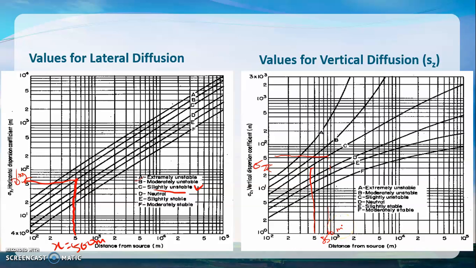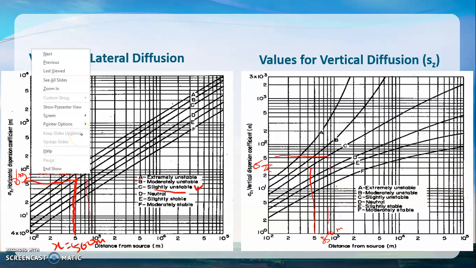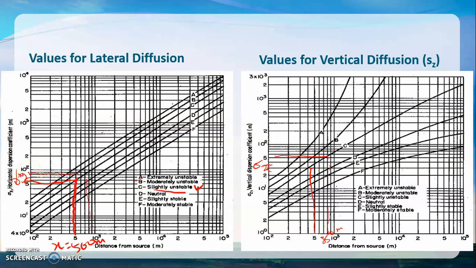So you get that x value 850, and then you try to find your sigma y in this graph. So 850 again, you go to line C. Maybe it's around 88; in the book it is 88. You can see there is 80, there is 90, there is 100, so more or less that figure.